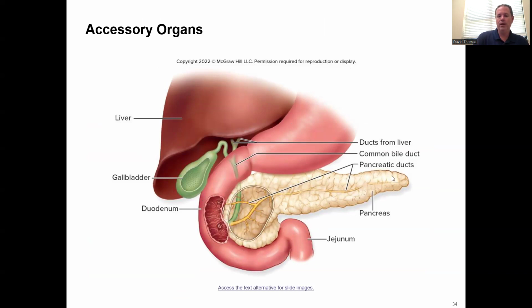That's because the pancreas produces enzymes that go through this duct, this little passageway, and get secreted out into that first section of the small intestines. So the pancreas is producing enzymes that go directly into the intestines.